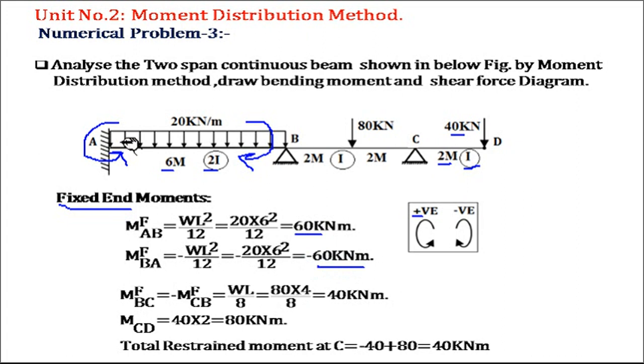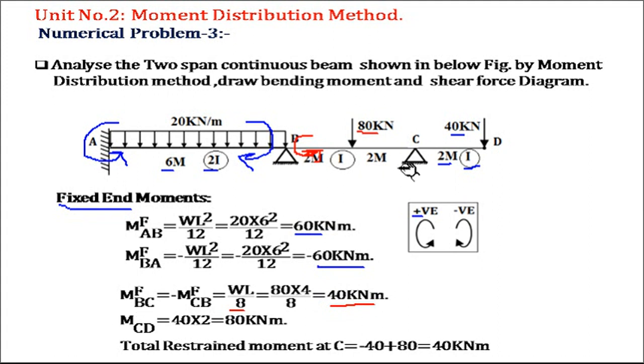Due to the given load of 80 kN, the fixed moment in member BC will be in anti-clockwise direction, so positive. As the point load is acting at the center, the formula is WL upon 8. The value of W is 80 and the length of the member is 2 plus 2, that is 4. So 80 into 4 divided by 8, the fixed moment in member BC is 40 kN meter.